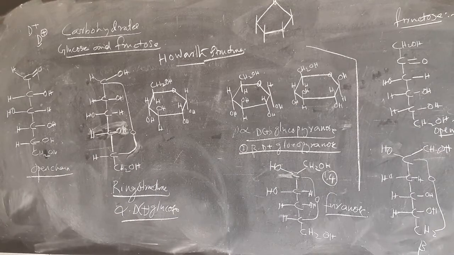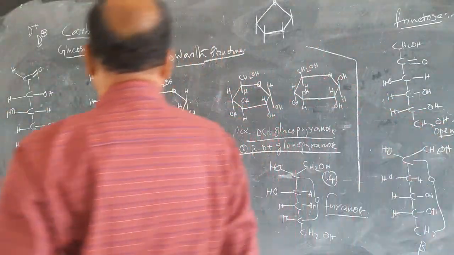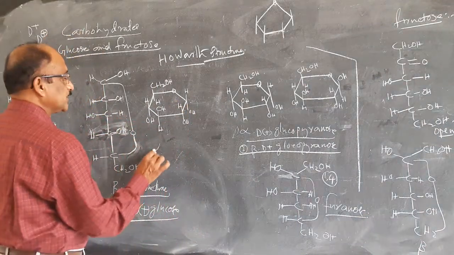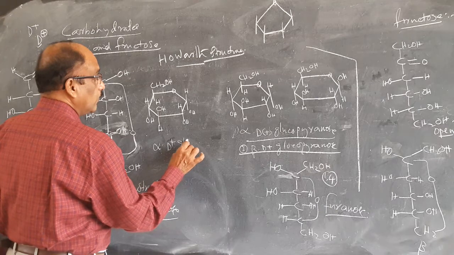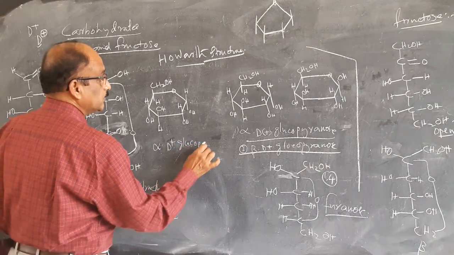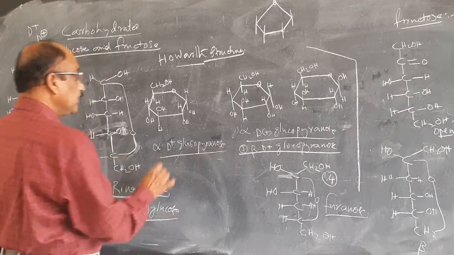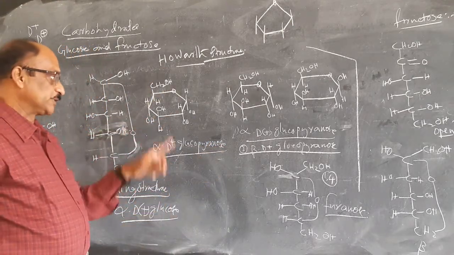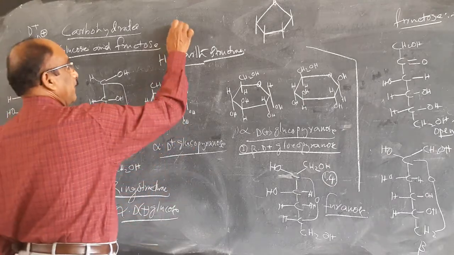Okay, let it be. And here, this compound I will write down. This is alpha D plus glucopyranose. Pyranose, because it is a 6-number ring system which is related to the compound pyran.